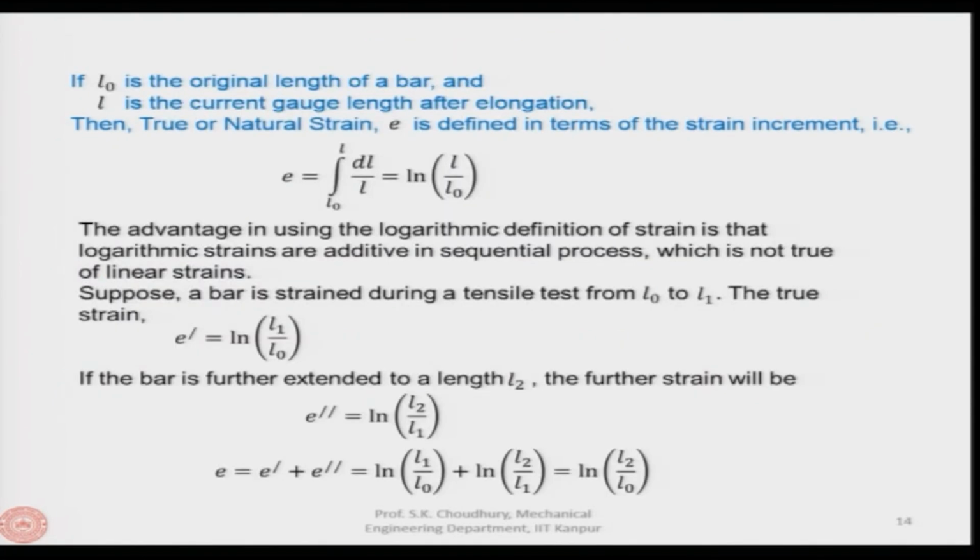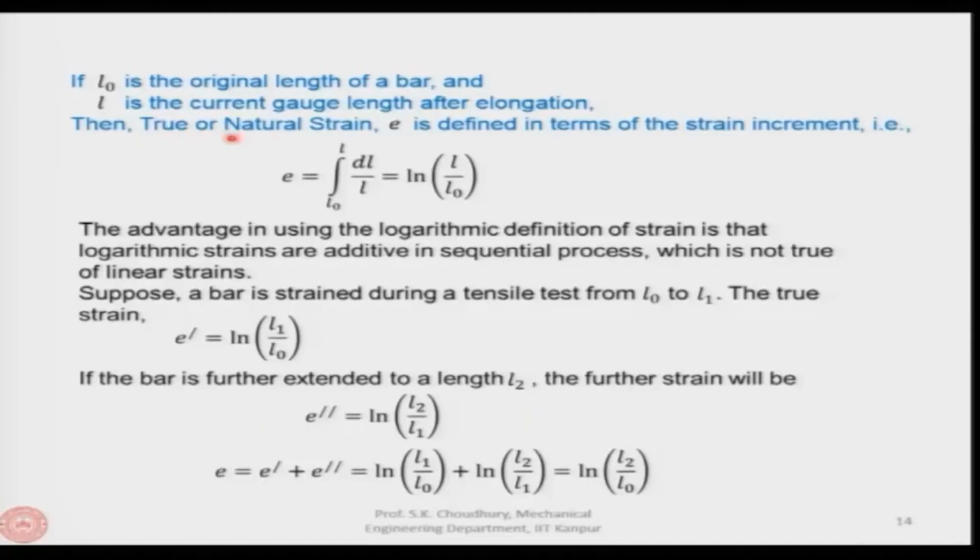Now, suppose L0 is the original length of a bar, and small l is the current gauge length after the elongation. So, L0 is being elongated to let us say small l.